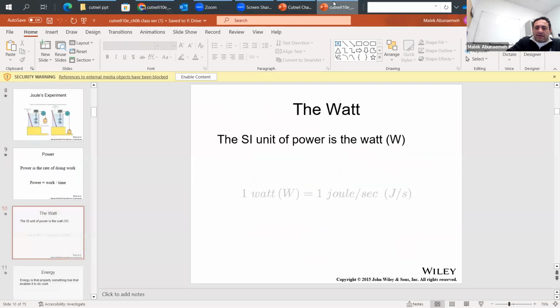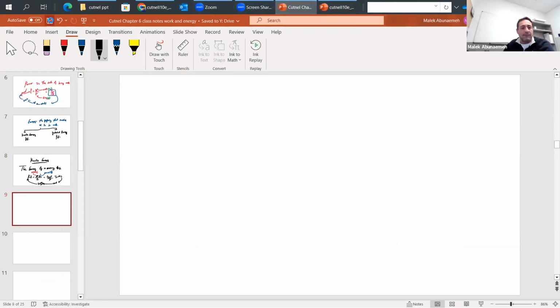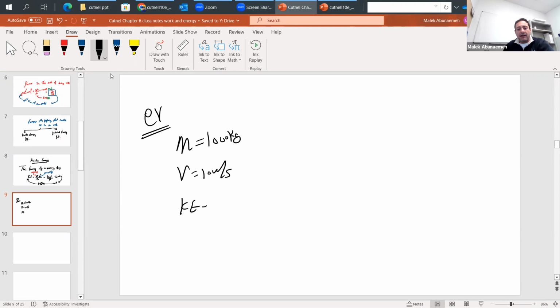So let's go back over here. What is the kinetic energy of a 1,000 kilogram car whose speed is 10 meters per second? Let's do this example over here, shall we? This example is telling us that your mass is 1,000 kilograms and your velocity is 10 meters per second, and you need to find your kinetic energy.